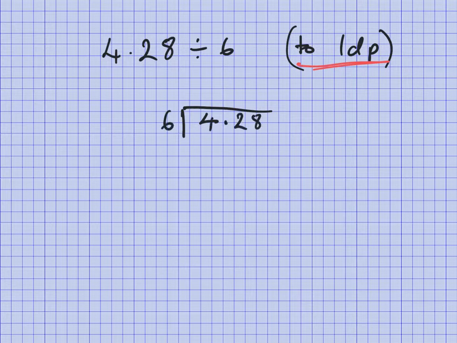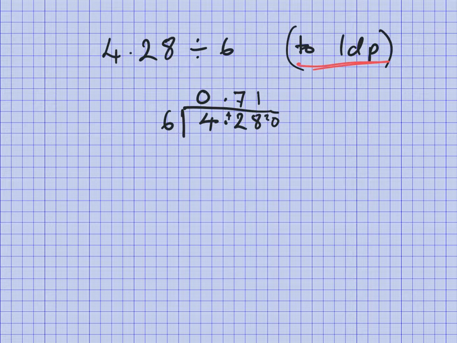6 into 4 doesn't go, 0. 6, so, and then carry the 4. 6 into 42 goes 7. And 6 into 8 goes 1 with more remainder. But I don't need to carry on any further because I said that I wanted one decimal place.